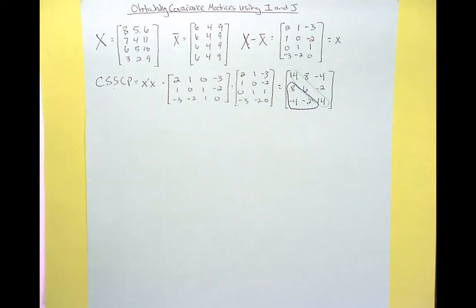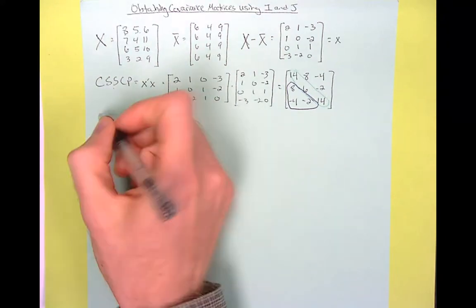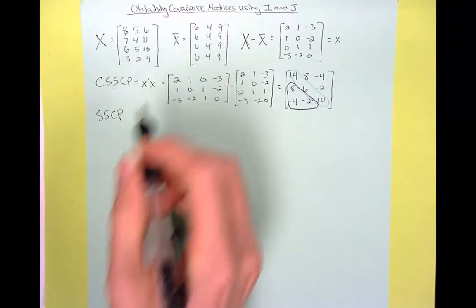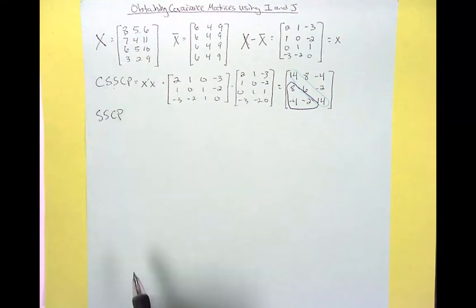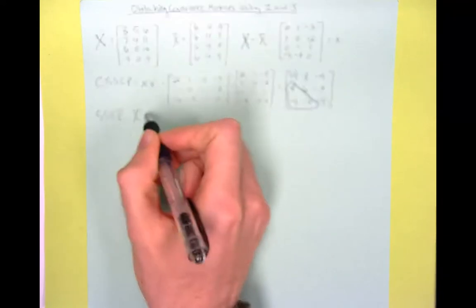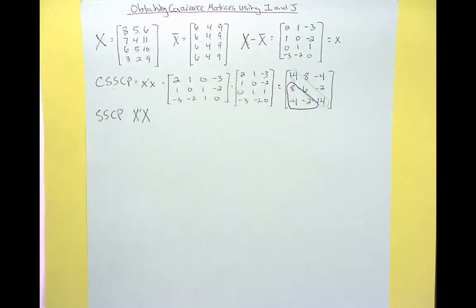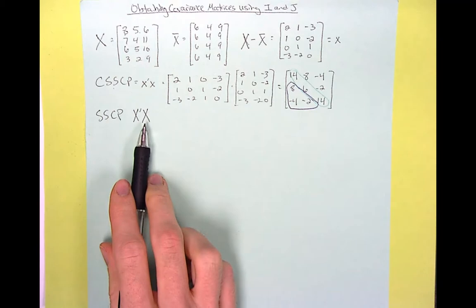We can calculate the centered sum of squares and cross products matrix by taking the raw sums of squares and cross products. Notice it's not centered matrix, which is large X transpose times large X, which is just our raw scores here.